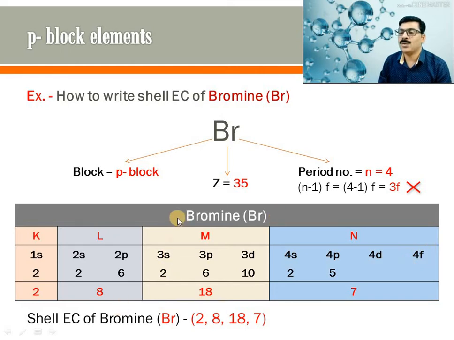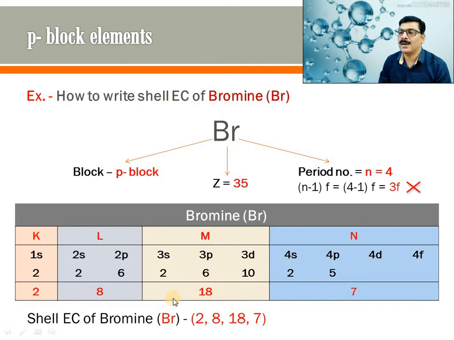Now then, how to write the shell electronic configuration of bromine? The first shell contains the 1s orbital, so it has only 2 electron capacity. Then the L shell contains 2s and 2p orbitals, so the L shell has 8 electron capacity. Then the M shell contains 3s, 3p and 3d orbitals, so the M shell has 18 electron capacity.